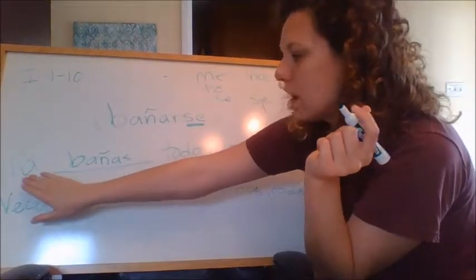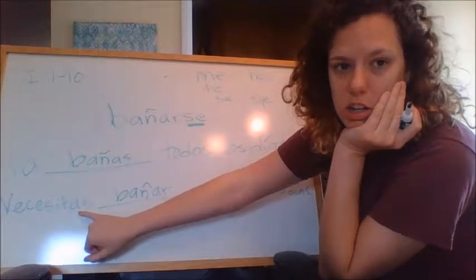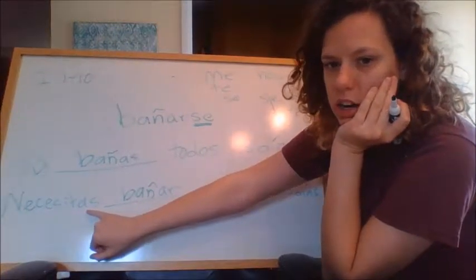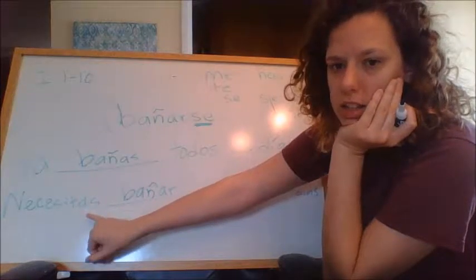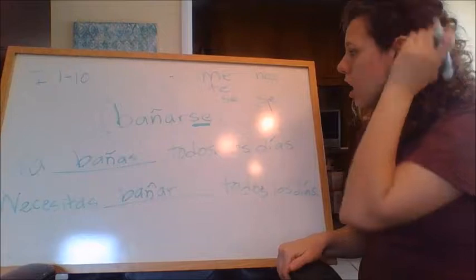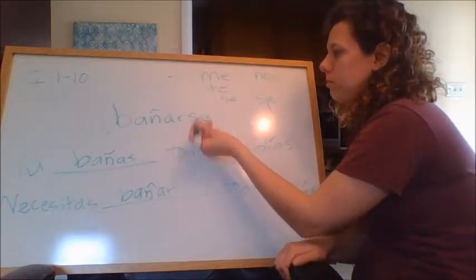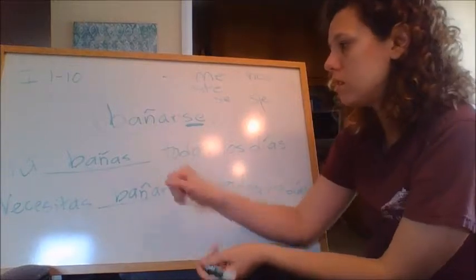This one I know because it actually says tú. This one I know because this verb, necesitar, is conjugated to tú. So they're both tú, and my reflexive pronoun has got to be te for both of these.